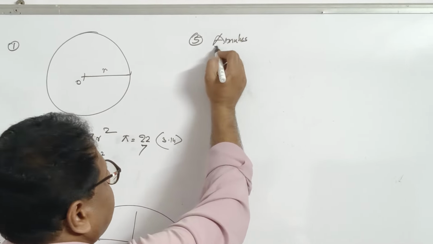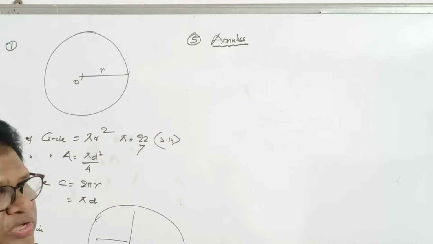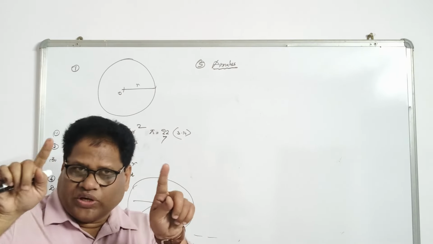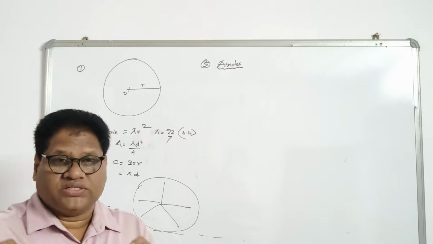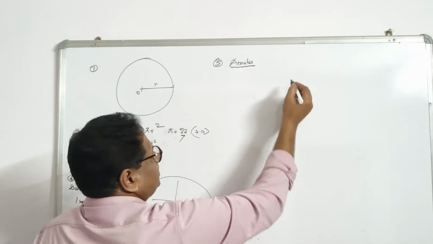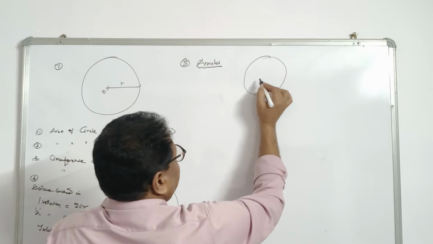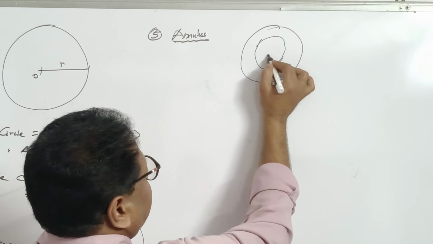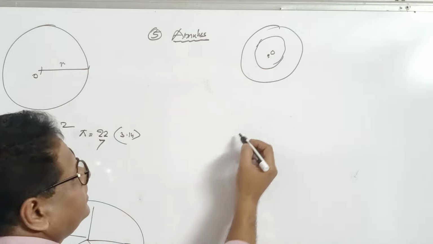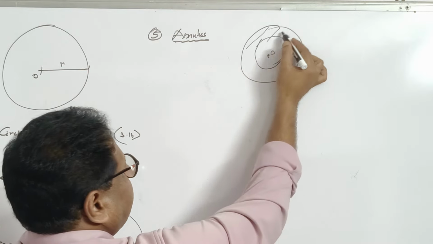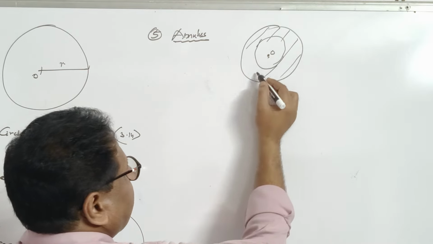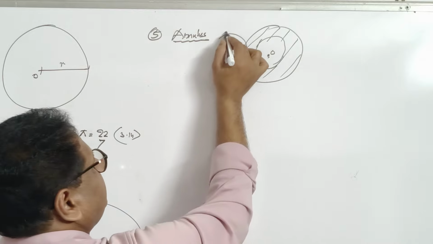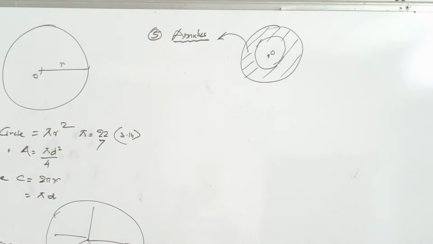First of all, let us discuss what is annulus. It is the area between two concentric circles. But what are concentric circles? Circles having common center. Suppose we are taking two circles having the common center, then the area between the two circles shown by a shaded part, this is the annulus, right?